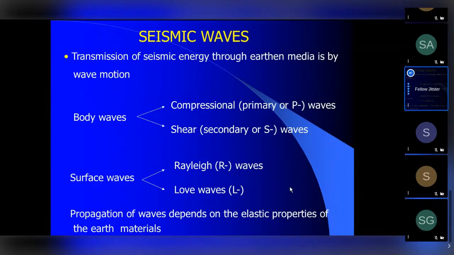So we come to the body waves which we started off with; maybe this is a repeat slide, or the slide is not at the right place. We have the compressional wave, the primary or P wave, that we are always going to talk about. The shear wave is also a body wave, but we're not going to talk about it much. But if you are a geophysicist, you're always going to work with both of them.